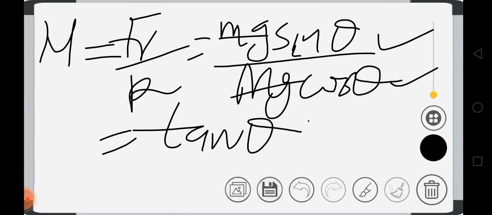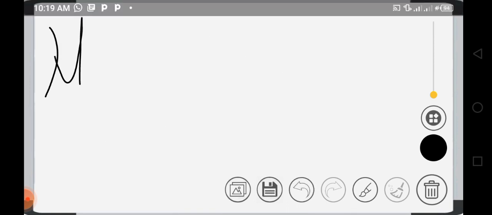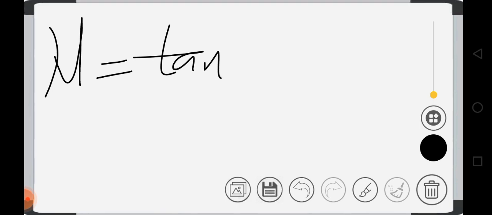That means the coefficient of friction for an inclined plane will be equal to tan theta. That means we don't actually need the mass.